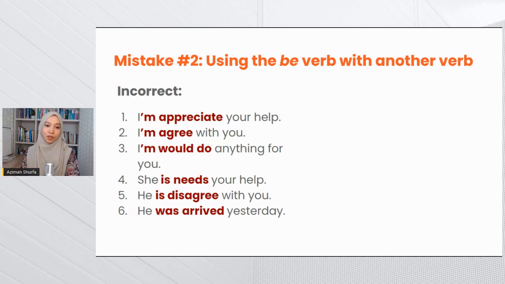Okay. Try this out. I want to see some of you guys trying this out, especially this one. I want you to train your brain not to use the be verb with another verb. You can use the be verb with an ing verb, like we've just talked about, but not the be verb with another verb in this sort of sentence, okay?